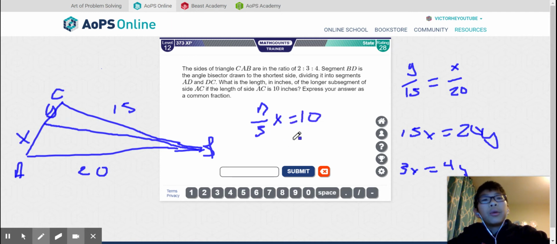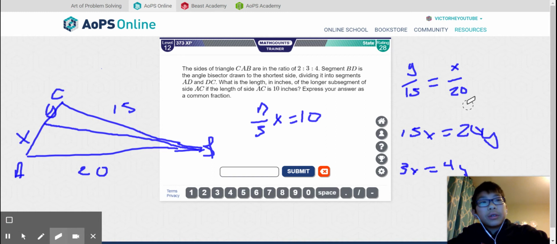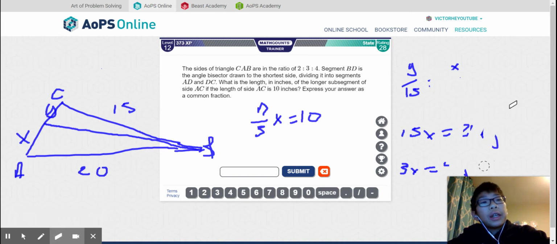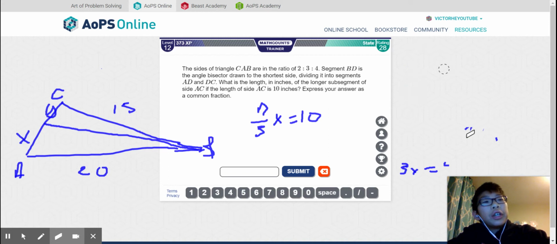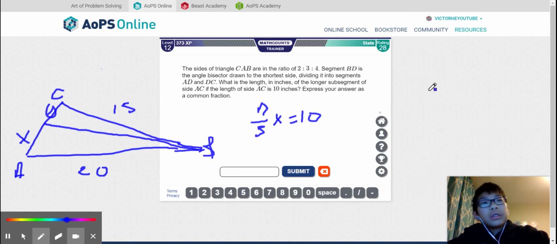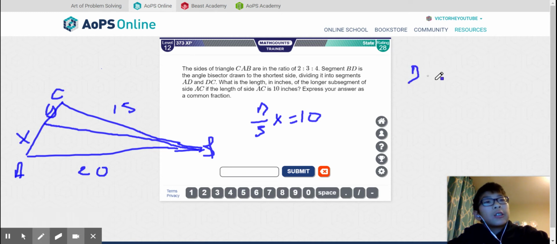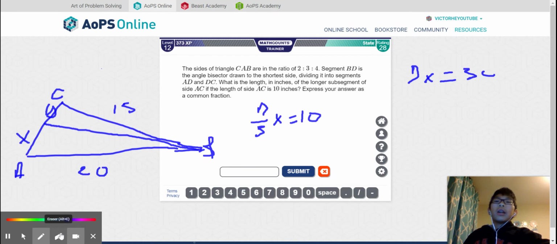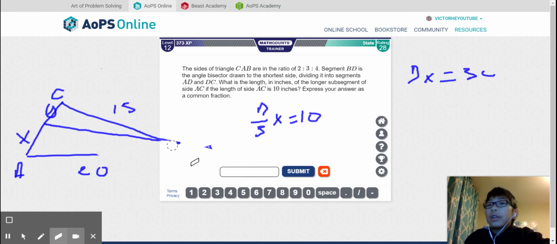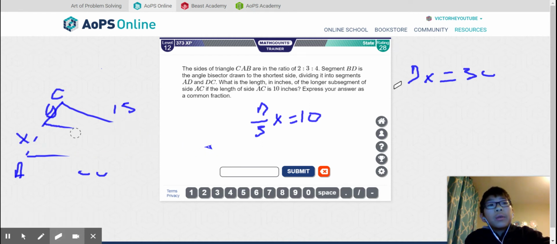Now we multiply both sides by 3 to get rid of the fraction. So we get 7x equals 30. If we divide both sides by 7, we get x equals 30 over 7.